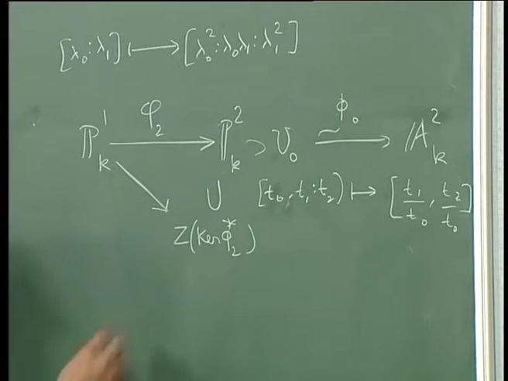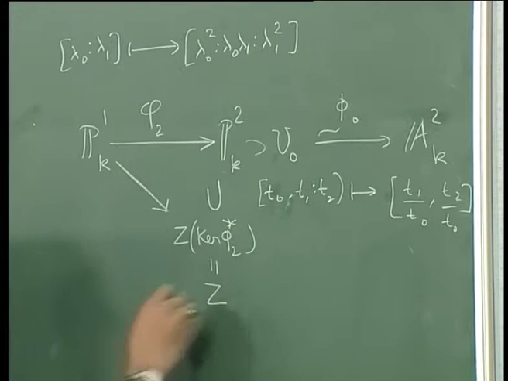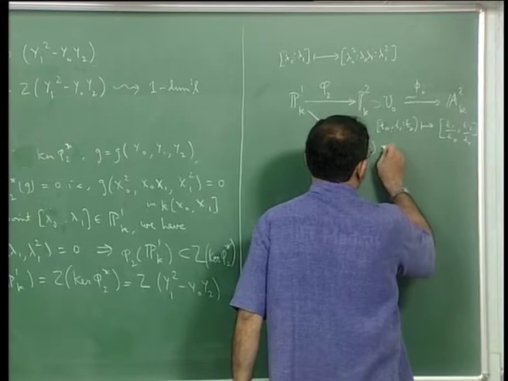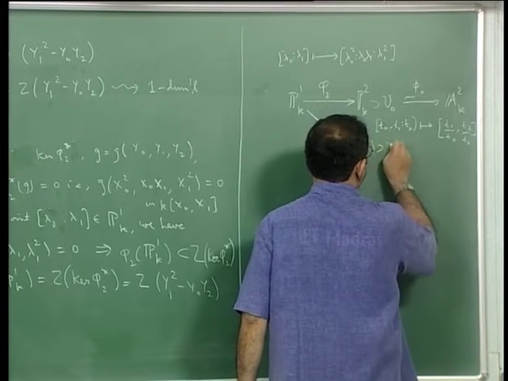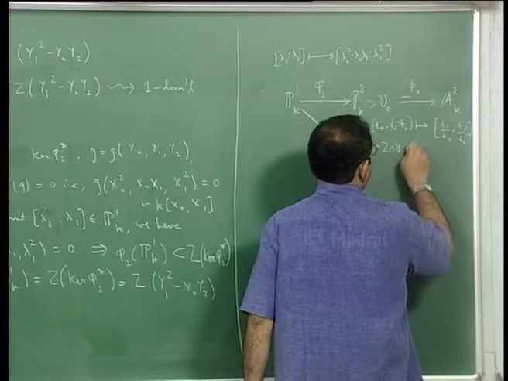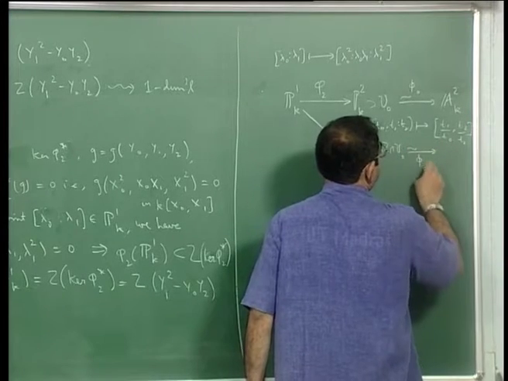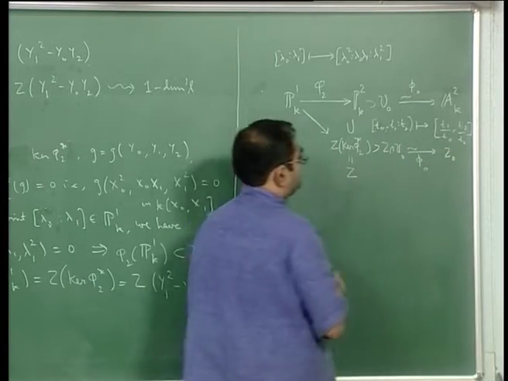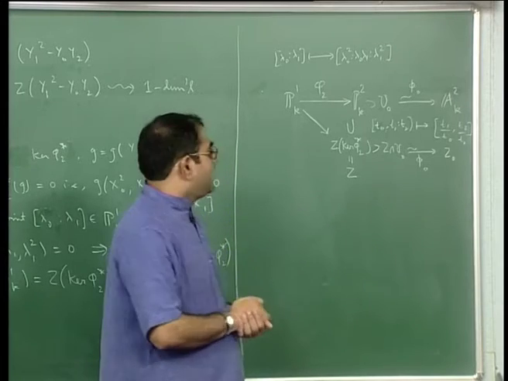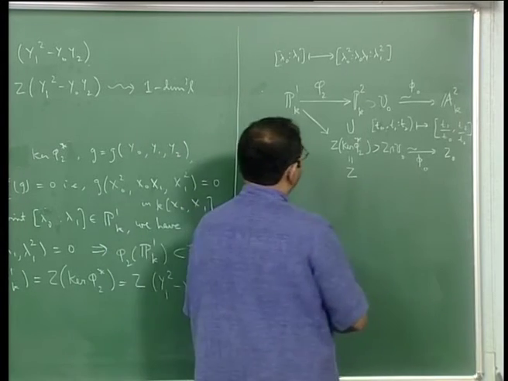Let me just call it Z so that it is easy to write down. If I intersect with u0 I will get Z intersection u0, and that under this isomorphism phi0 will go into Z0.